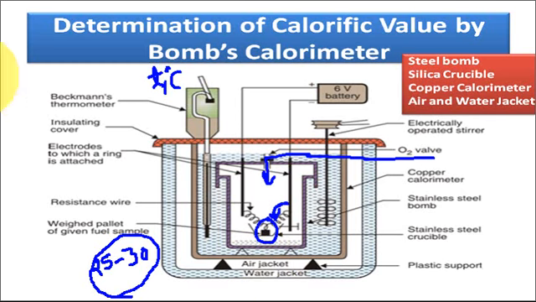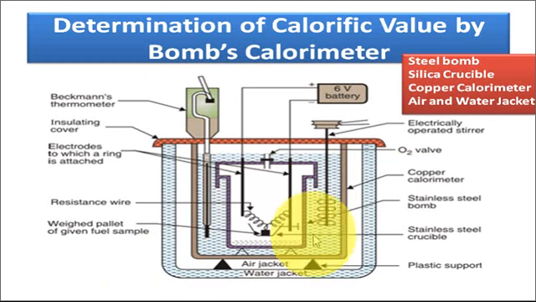So to provide the ignition temperature, the magnesium fuse wire burns. This heat energy provides the ignition temperature to this fuel to start the combustion reaction in the presence of this oxygen. So after the burning of the magnesium fuse wire, the combustion of fuel starts.